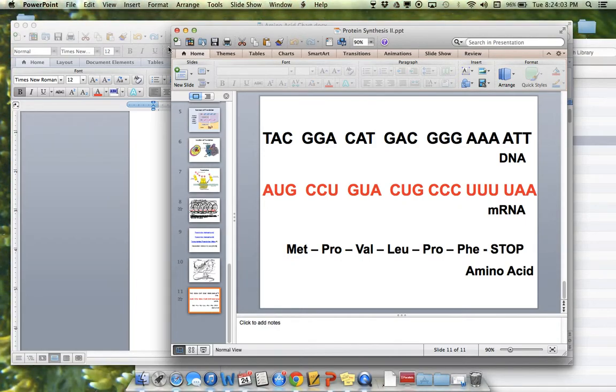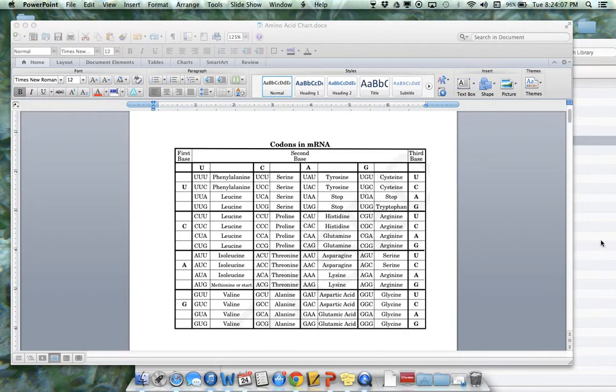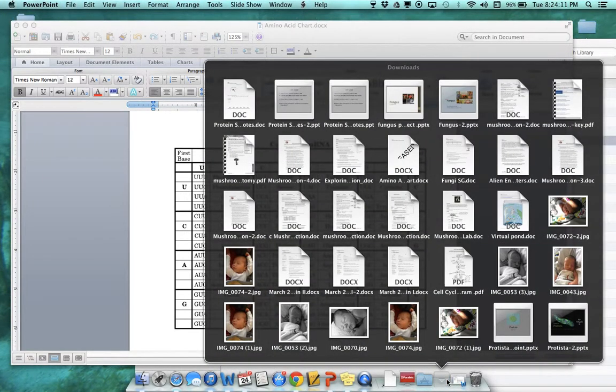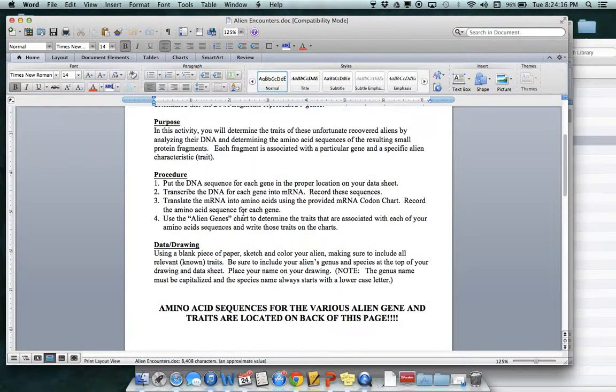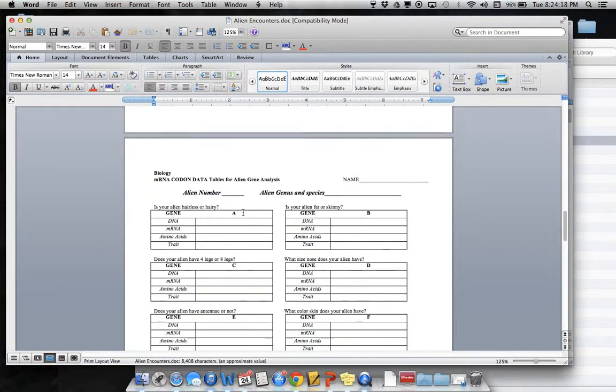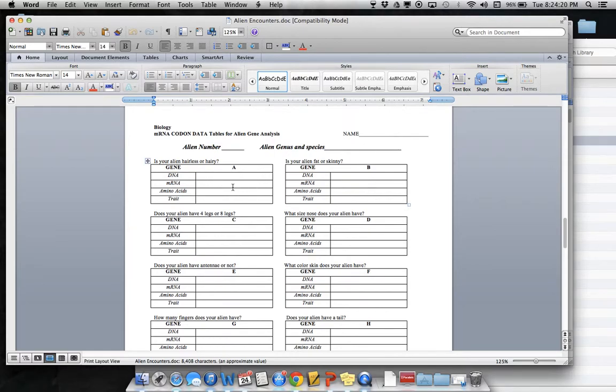Let's talk a little bit about what you're going to do with the alien lab, just to make sure that everybody is on the same page. Where we left off yesterday, you have the messenger RNA.